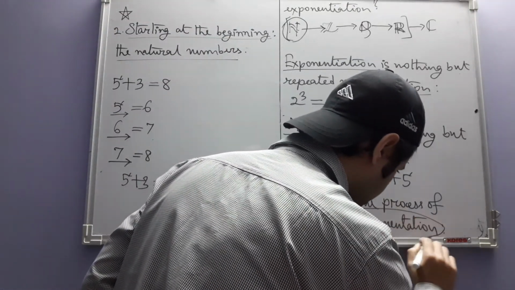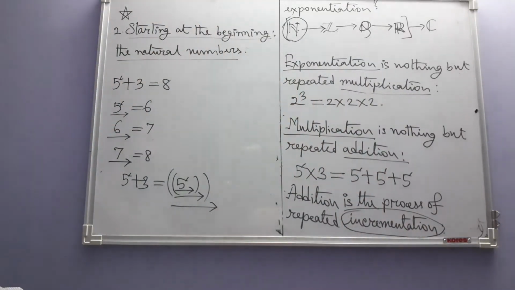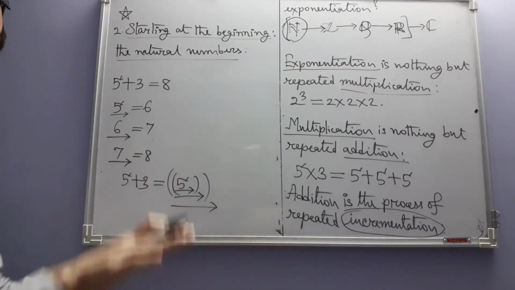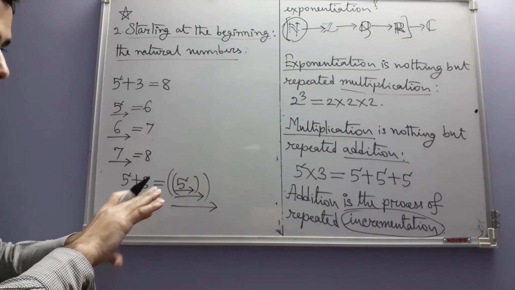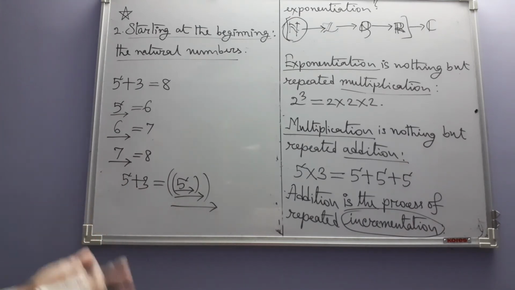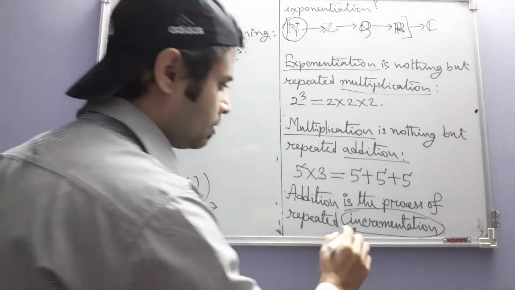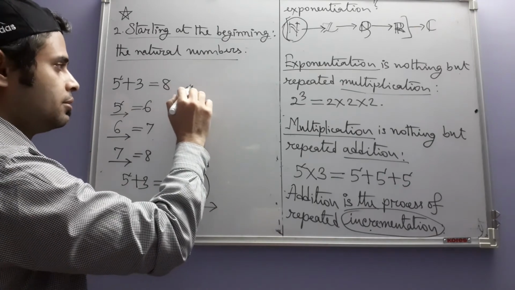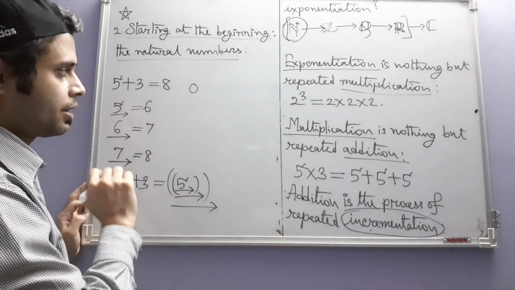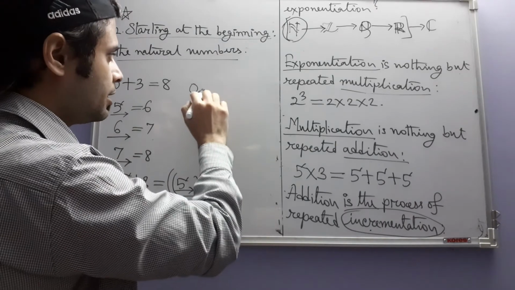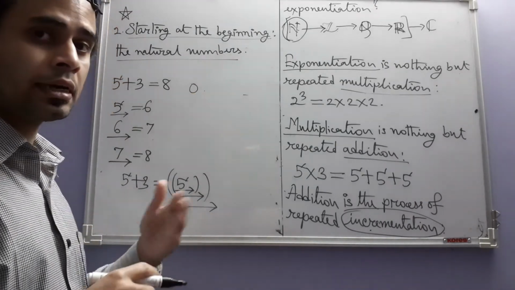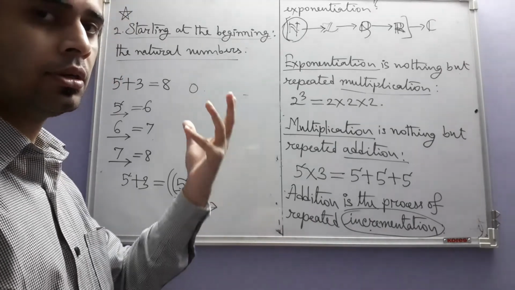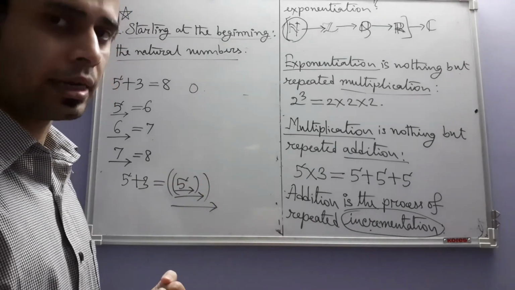Now this operation of incrementation does not seem to be reducible to something simpler. In fact, we don't need more simplicity. So we will start with 0 and then use the incrementation operation to generate the other numbers. That's how we are going to proceed to define the natural numbers.